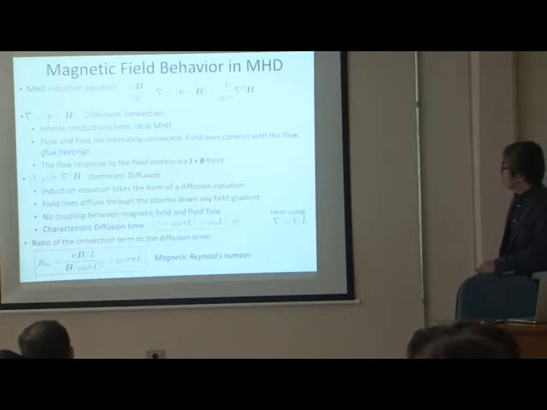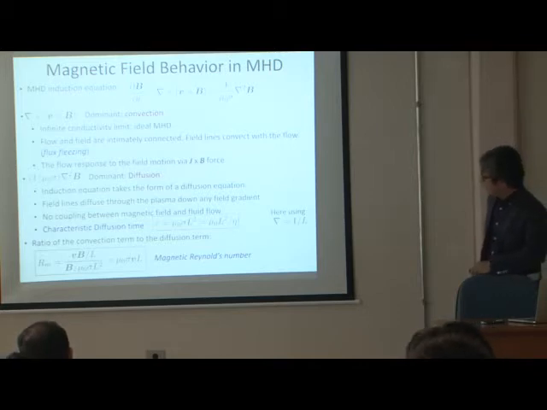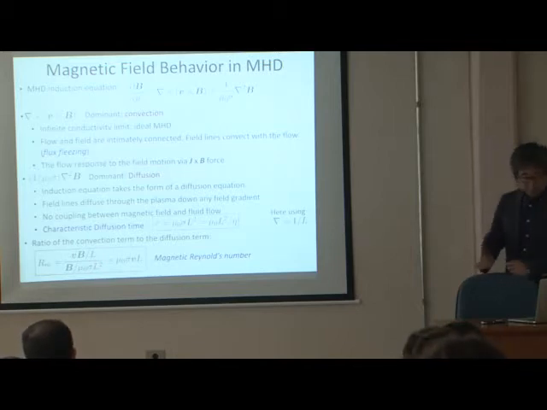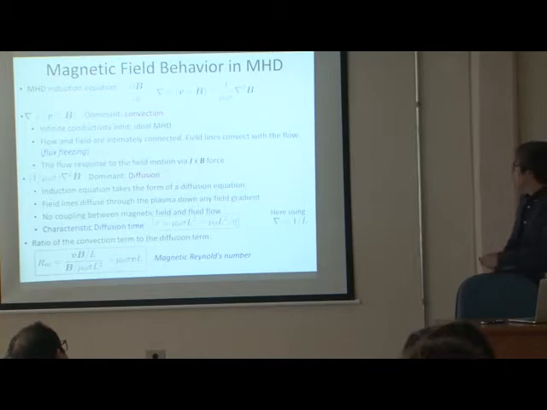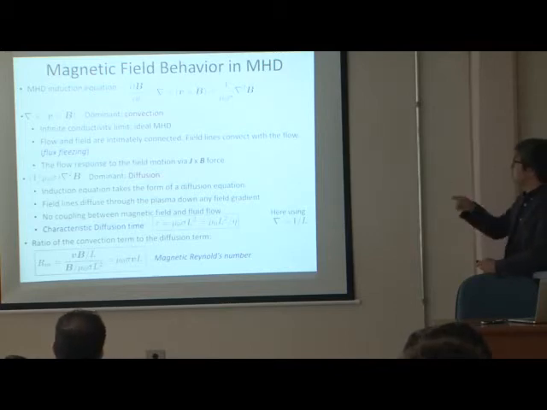And the ratio of the convection term and the diffusion term is what we call the magnetic Reynolds number. This is VB over L, over the eta B over L squared. So this is what is left here. What is eta again? Eta is the resistivity. This is the opposite of conductivity, one over sigma equals eta.